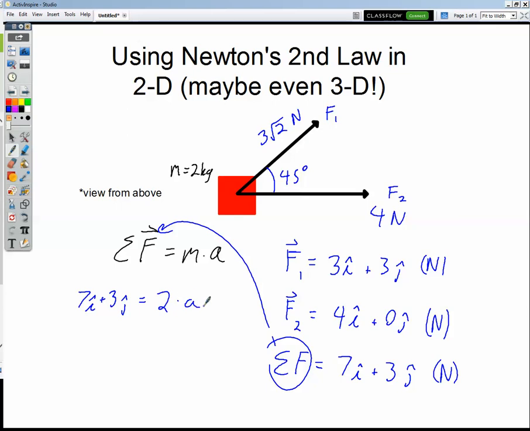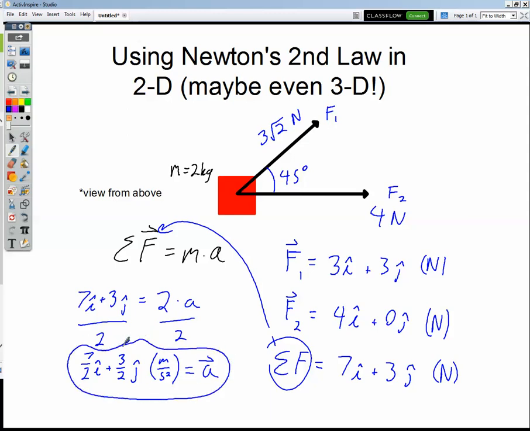Dividing both sides by 2 here, we get 7 halves i hat plus 3 halves j hat. And that is an acceleration. The units are meters per second squared. And that would be the component form of this object's acceleration.